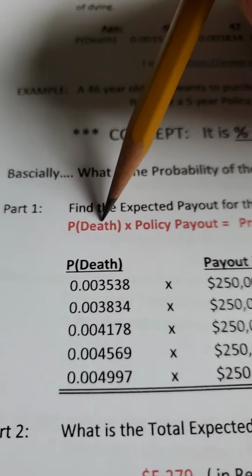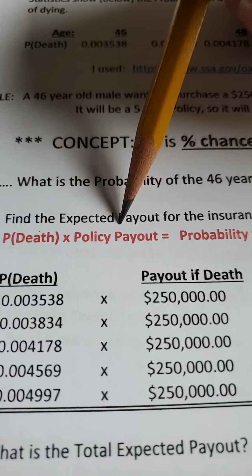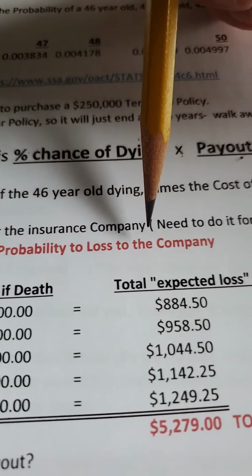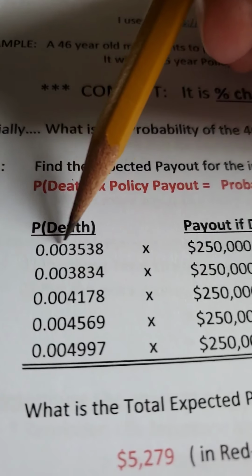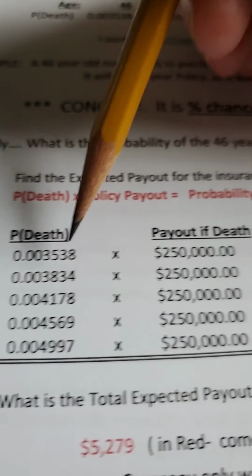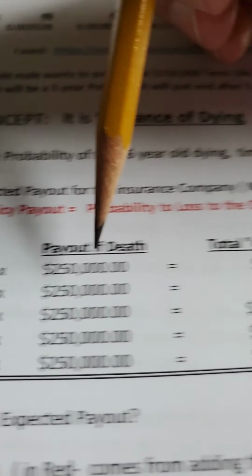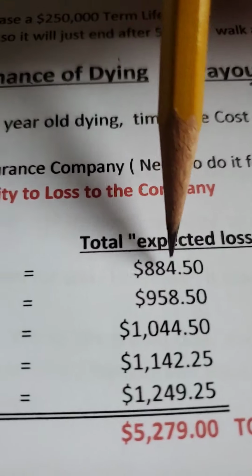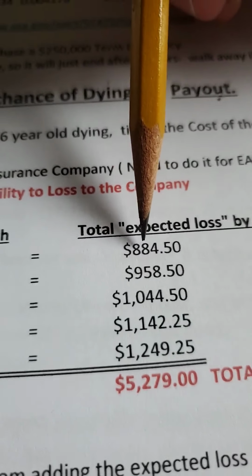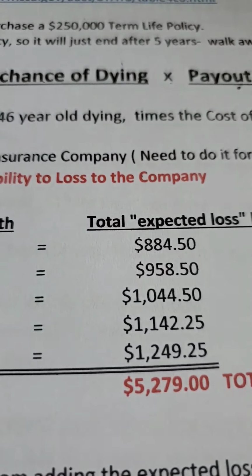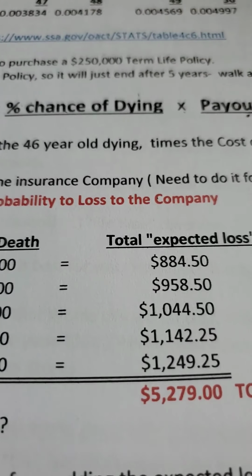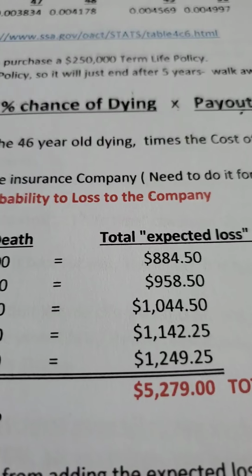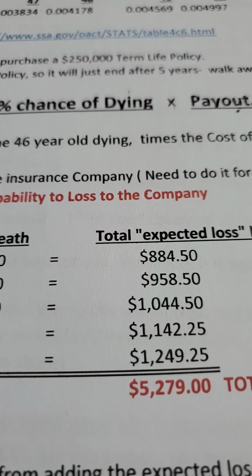So it's the probability of death times the policy payout equals the probability of a loss for the company. You take the probability of age 46 times $250,000. The insurance company basically just marks it down as we're going to lose $884. Now, you might not die, you might not die, you might not die, but if one person does, they're going to pay $250,000.